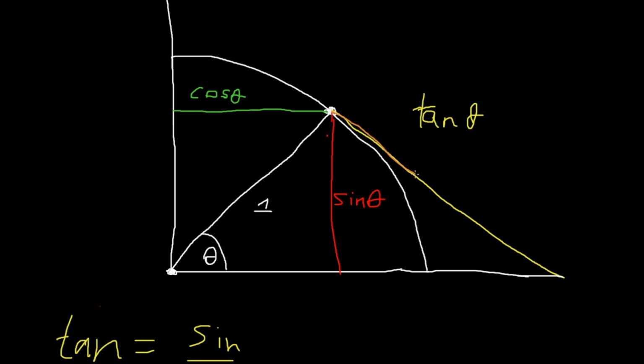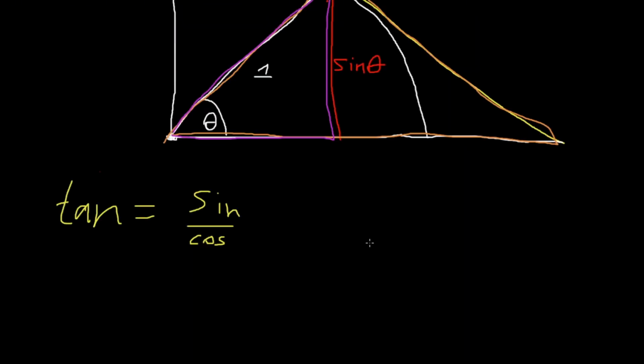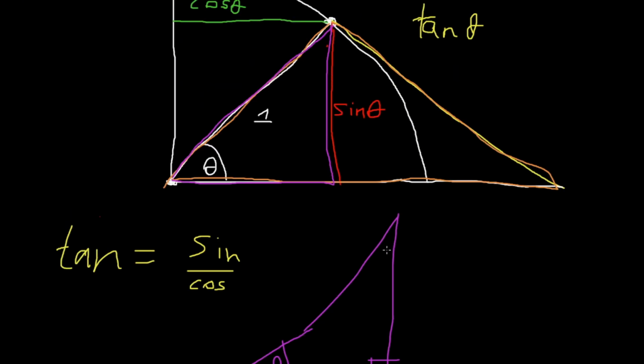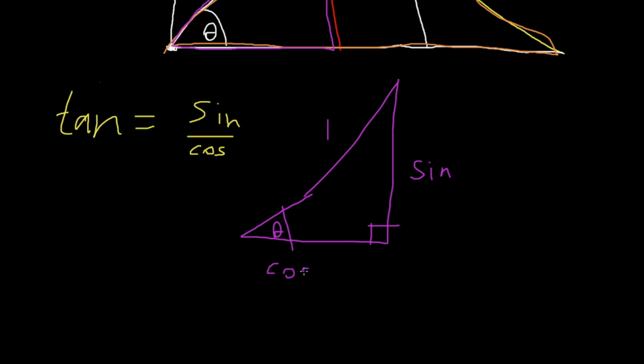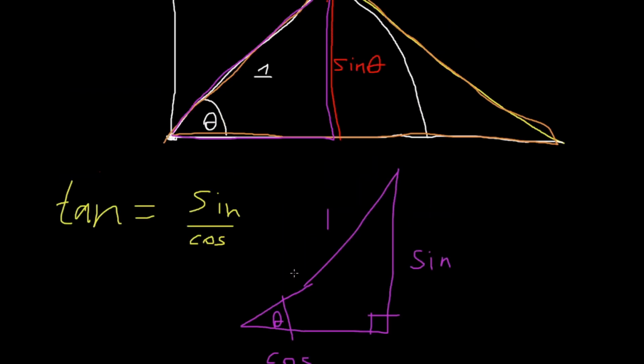This yellow. So the purple and the orange triangle are actually similar. Why? Well, I'm going to draw it right here. That's theta. That's a 90-degree angle. And we don't really care about this other angle, but we know that that's 1. And this is sine. And this is cosine of theta.